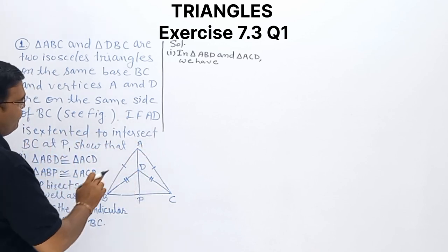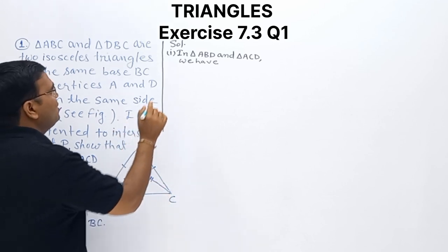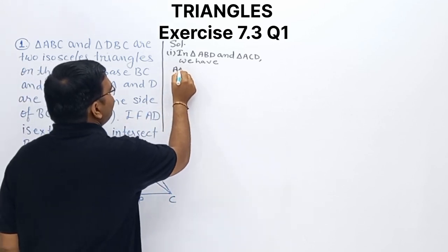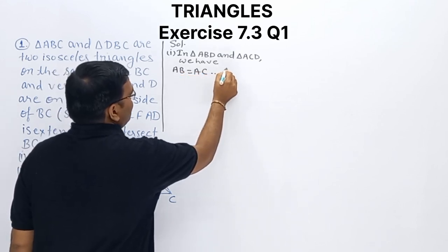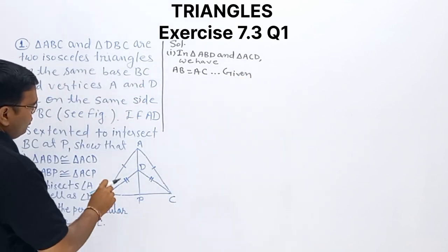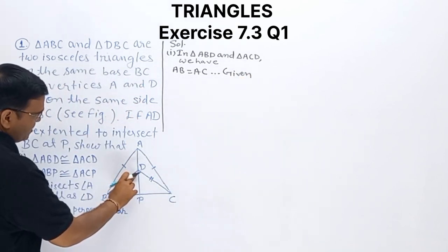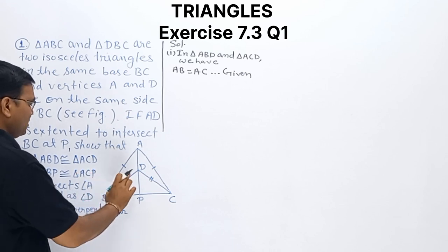In the question we are having AB equal to AC, given. Another thing, this side and this side are both equal. It is also given in the question.